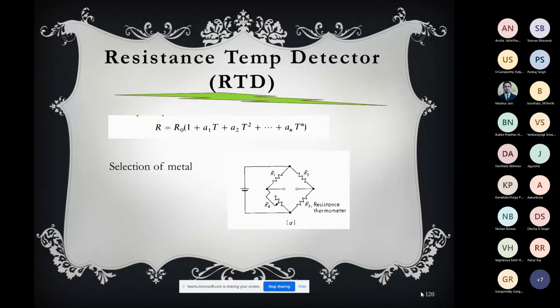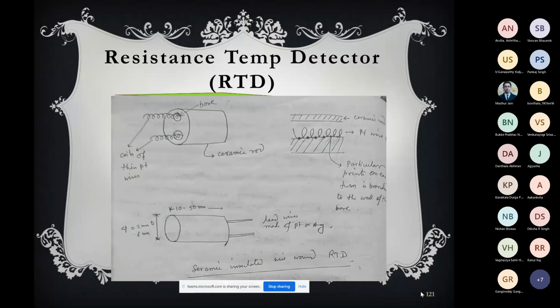In addition to platinum, sometimes nickel can be used, copper can be used, Balco can be used. Balco is actually an alloy of nickel and iron. They can be used to construct an RTD. But platinum is the best choice. So next we'll read about the platinum resistance thermometer.